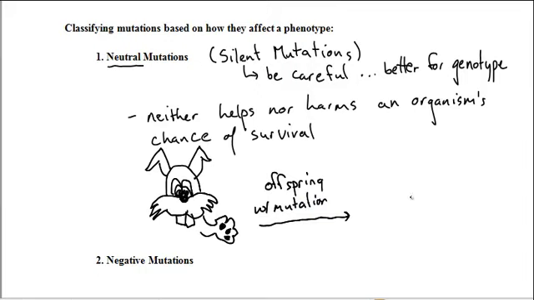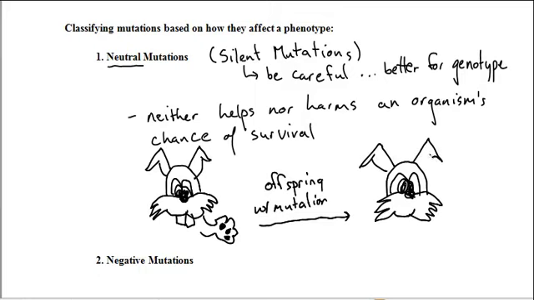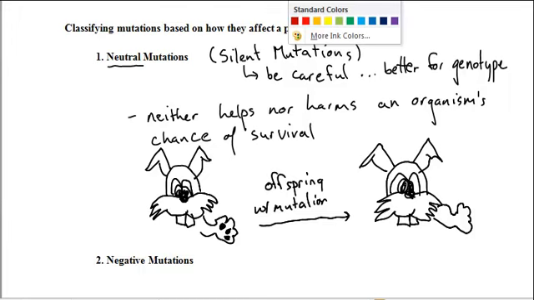And that offspring, another bunny rabbit. I'm trying to draw fast, so it's not the neatest. Okay, let's be honest, I'm just not the best artist. Its paw, when it mutates, happens to have instead pink paw pads.